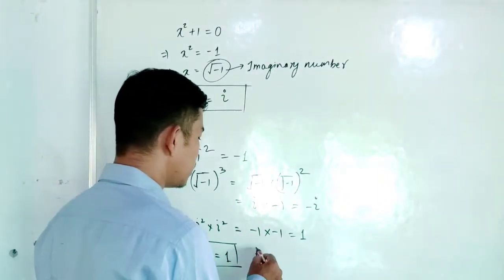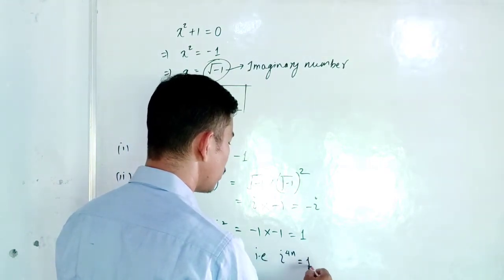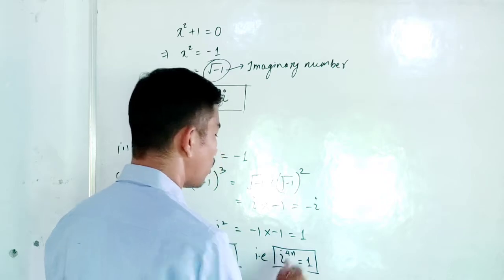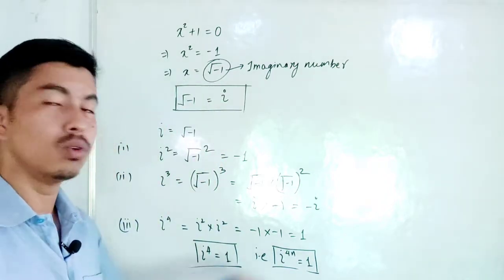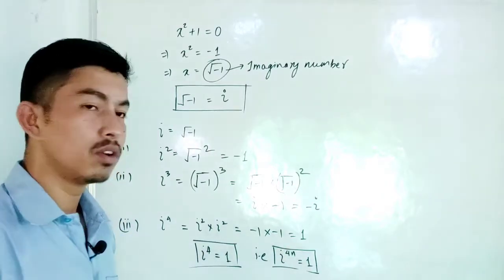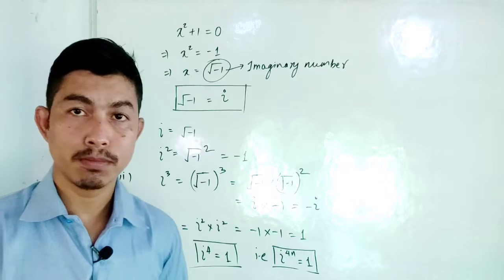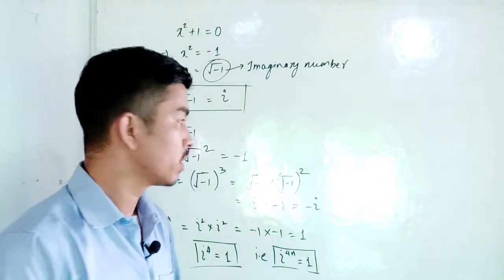So I can write this expression as i to the power 4n equals 1, where the value of n may range from 1 to infinity. That is the first thing you must remember, that i to the power of a multiple of 4 always gives me the value minus 1. Oh sorry, not minus 1, 1.